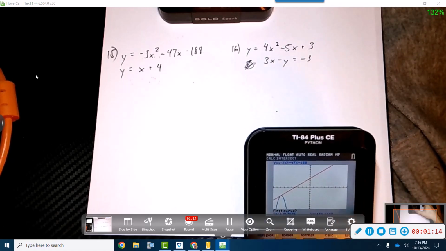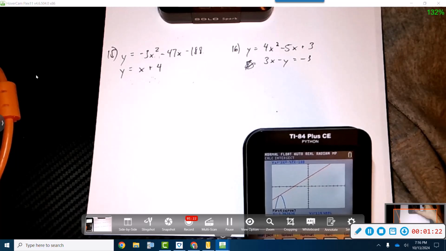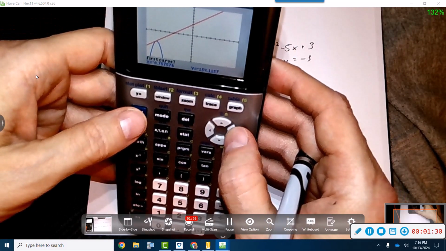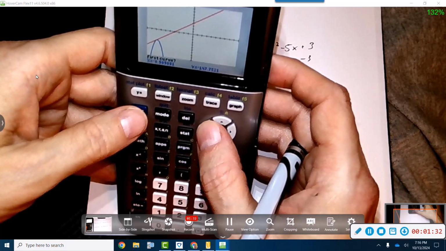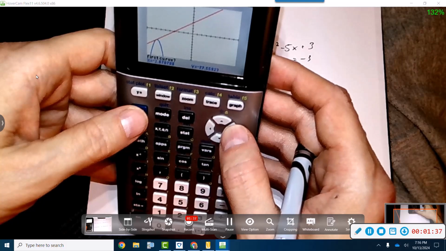From my angle I can't see where the tracing feature is. Where's X? Alright, let's start over.